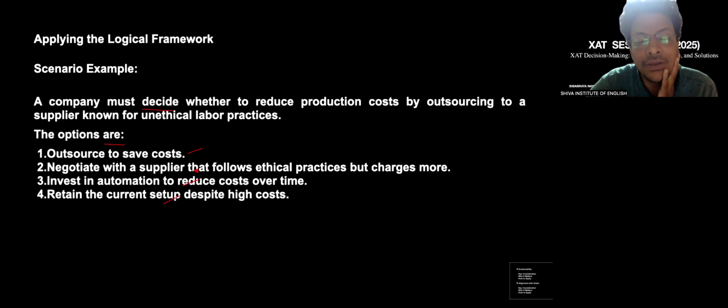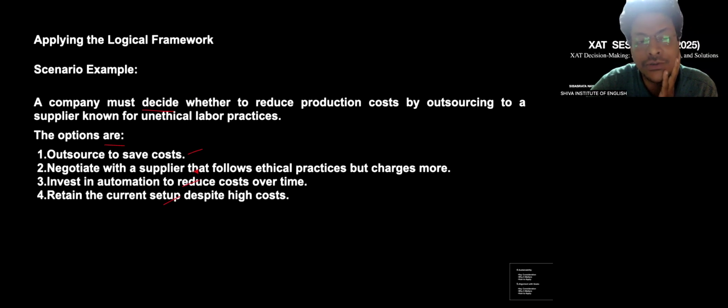The stakeholder impact is negative for society when we say outsource to save cost. Then practicality, we can find feasible but risky, right? Then sustainability, short-term gains only. And alignment with goals, we can say misaligned in option one only.